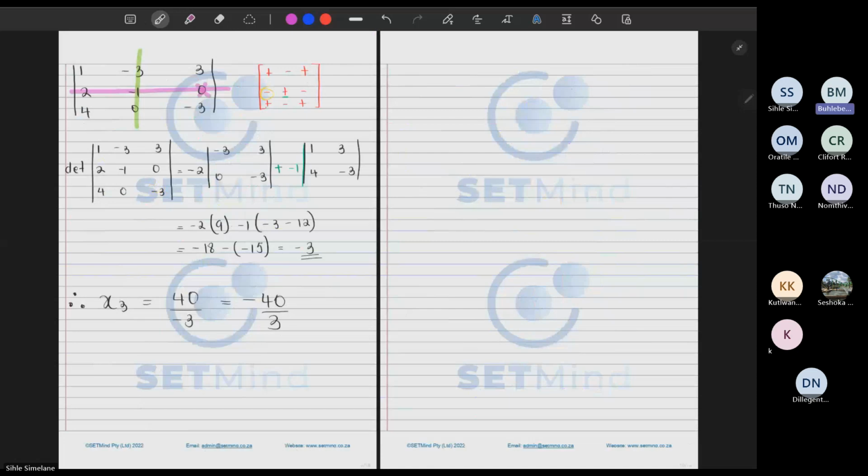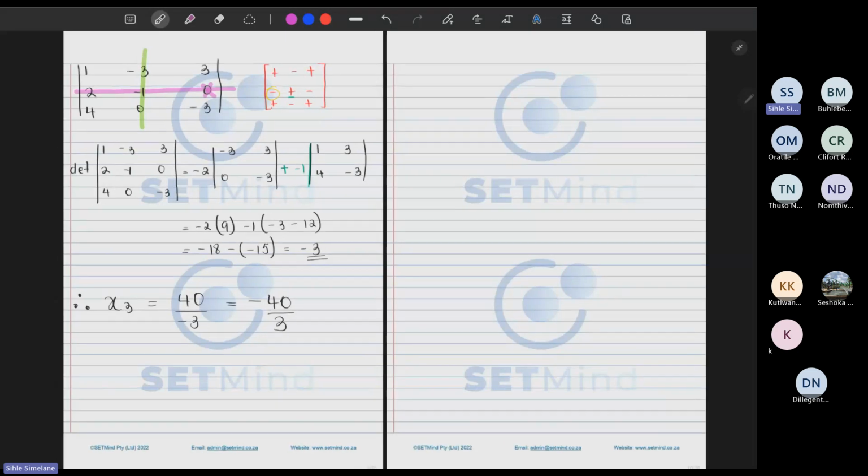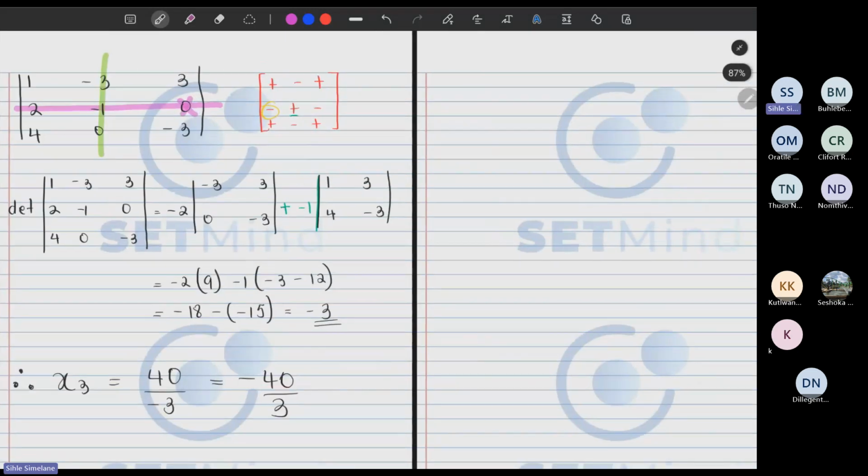Since we don't have a row that has 2 zeros, we can choose any row that we want. So I choose the row which has many zeros. In this case, the most zeros is just 1. Do you see that?